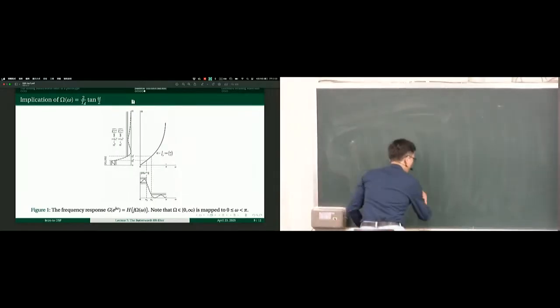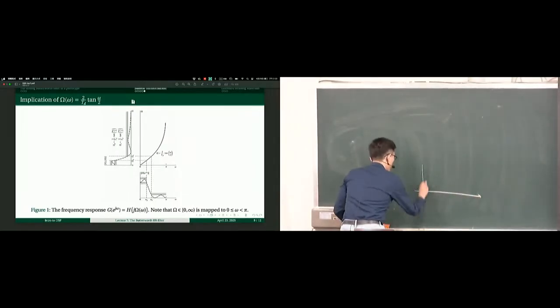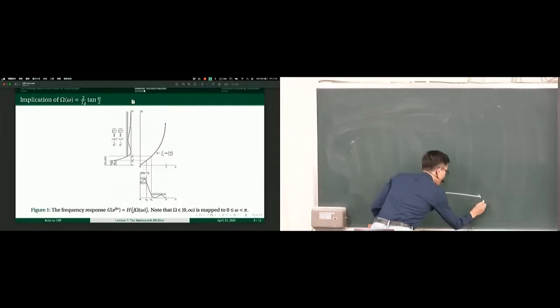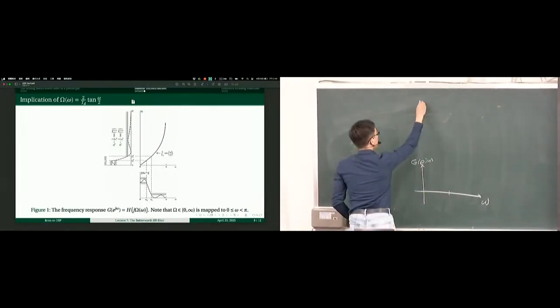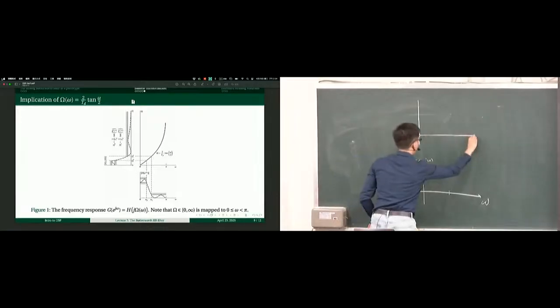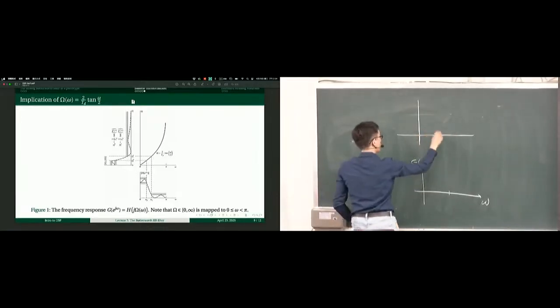Now, if you want to understand what G of e to the j omega is at any omega right here, in this plot we have the relation of tangent.